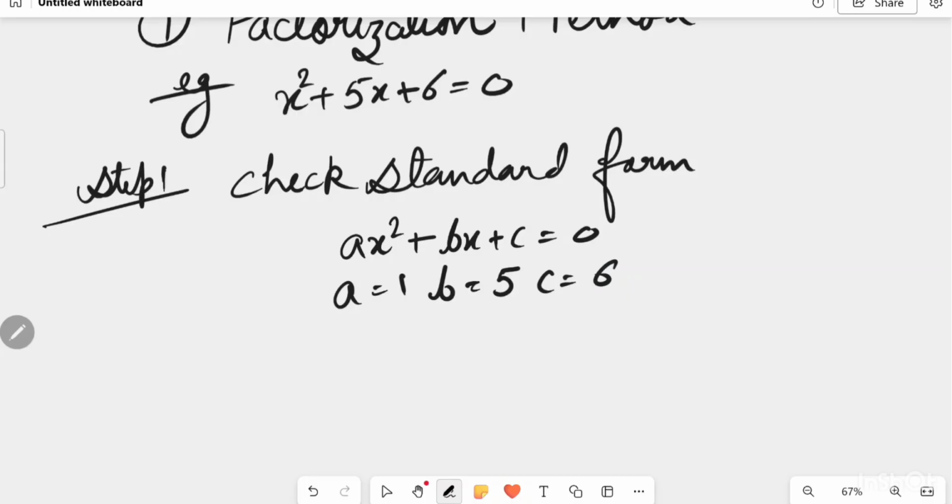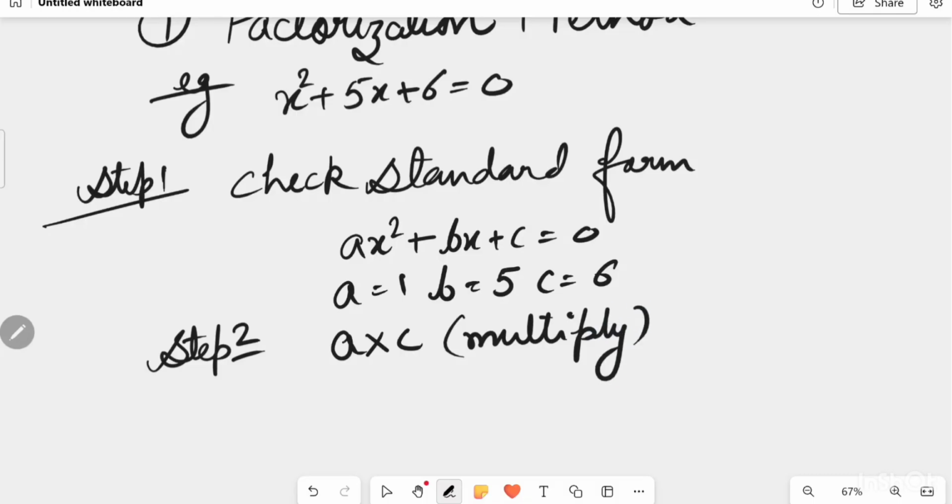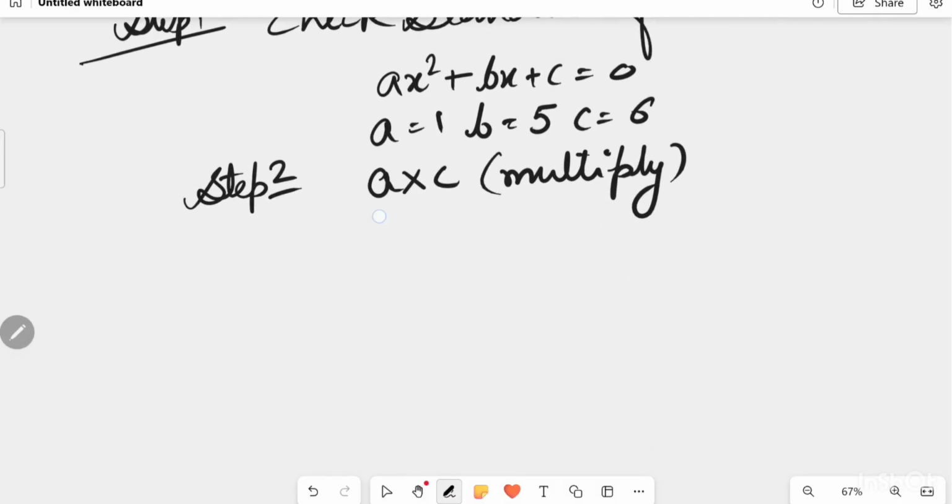Okay. Now what will be our second step? Step 2, we will multiply a and c. So what is a? 1 into 6, that is 6.